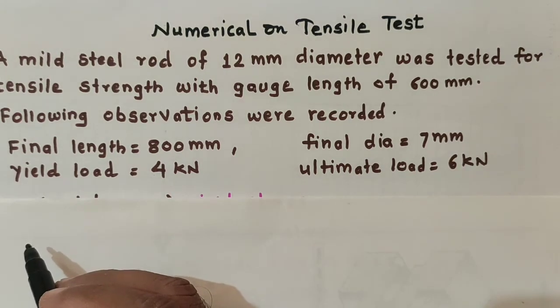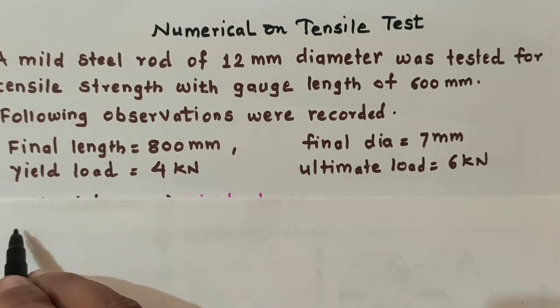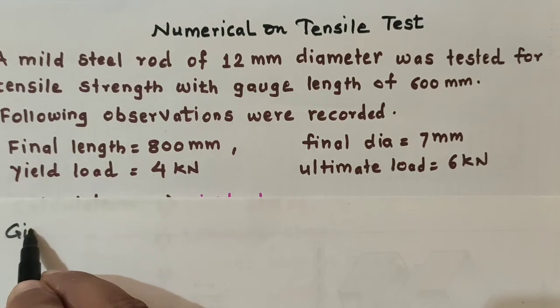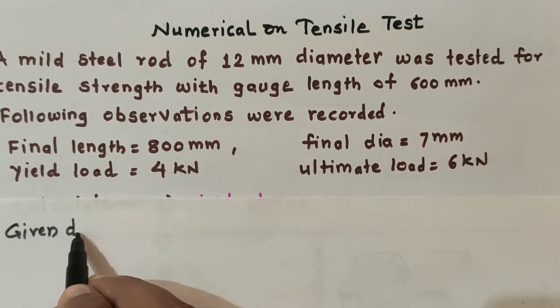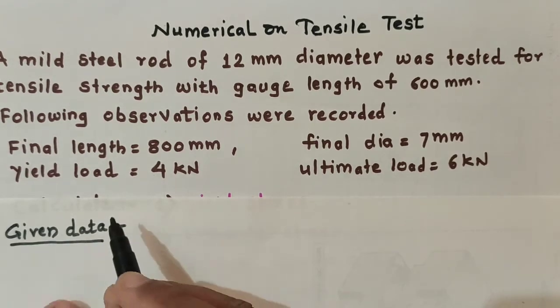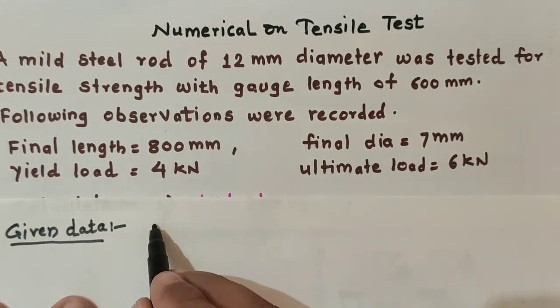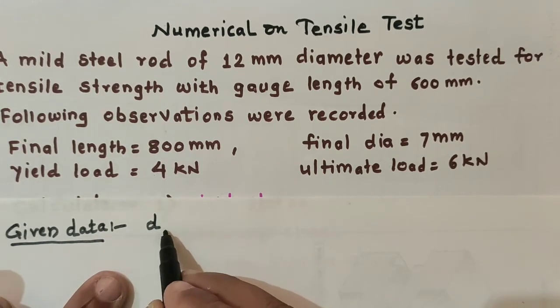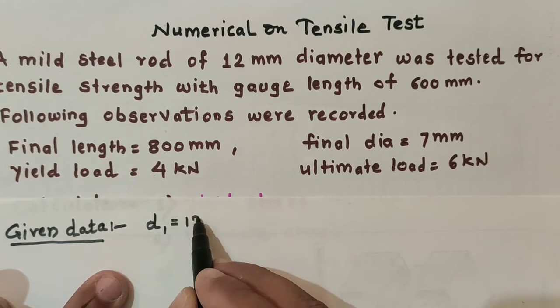So try to solve this example. So here the given data is: initial diameter D1 equal to 12 mm.